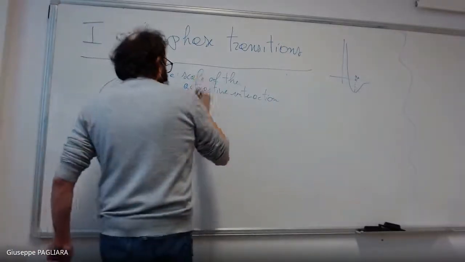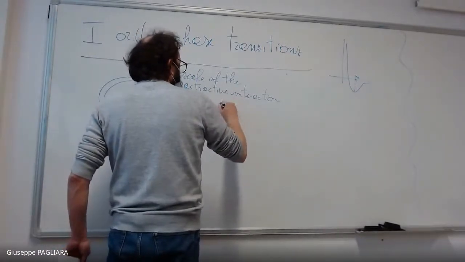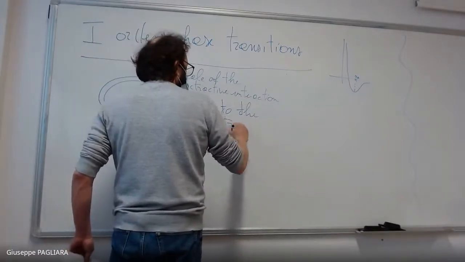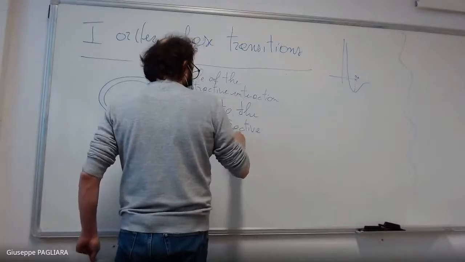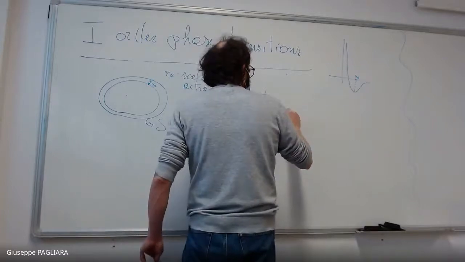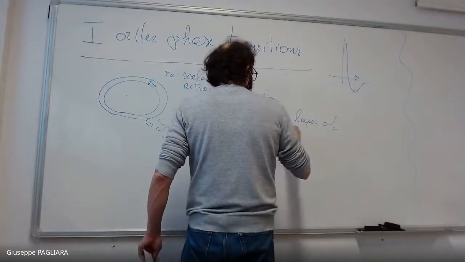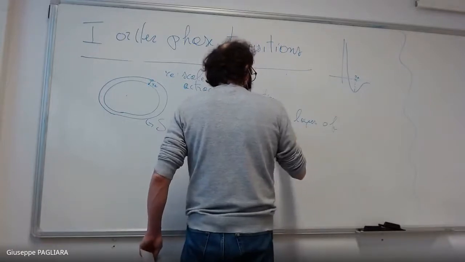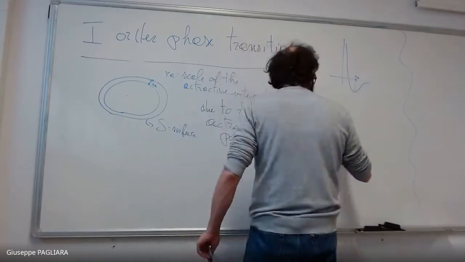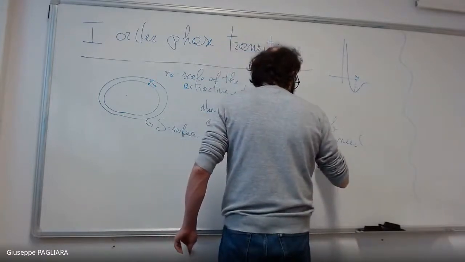Okay, so let's write in this way: due to the attractive potential in a layer of size RA, we need to reduce the pressure.